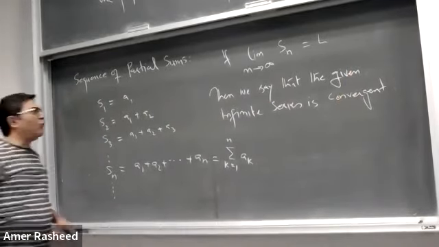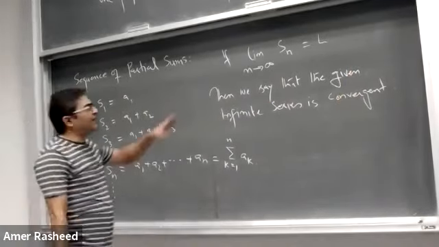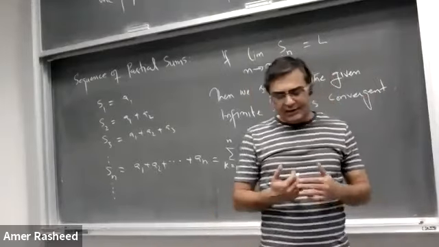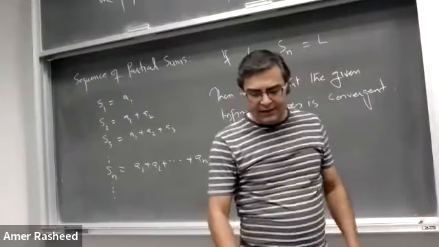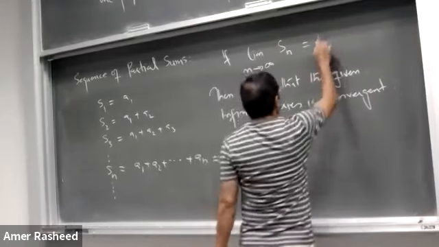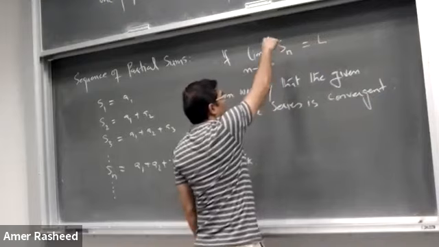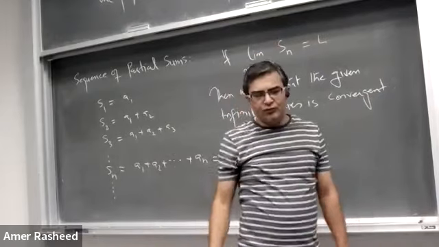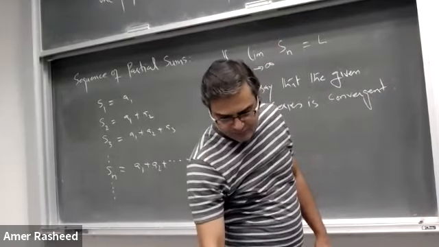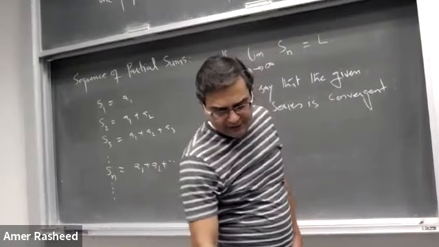But this involves sequences, because Sn is a sequence. If the limit of that sequence is finite, then we say that the given infinite series is convergent. If that limit is not finite, if L is infinity, then the series is divergent, meaning its sum doesn't exist.